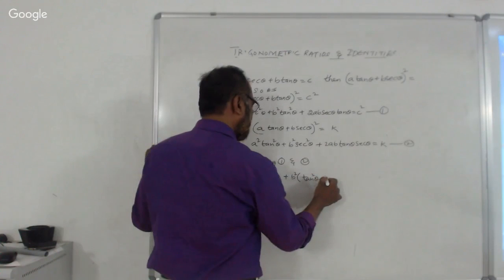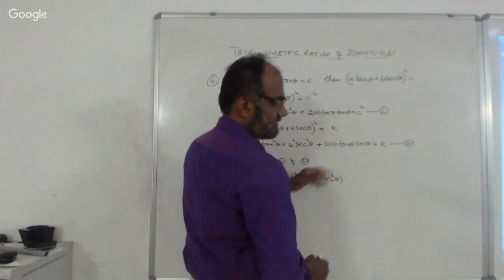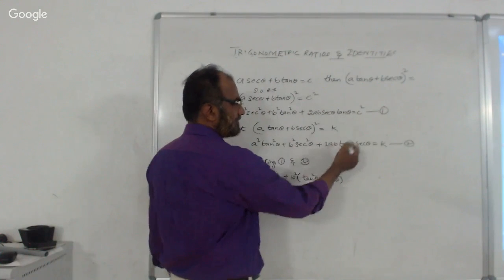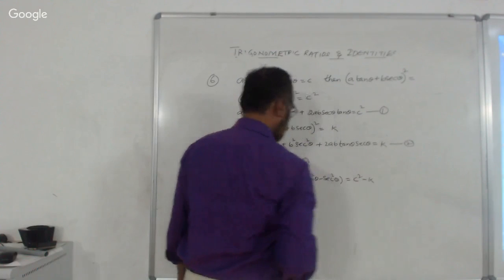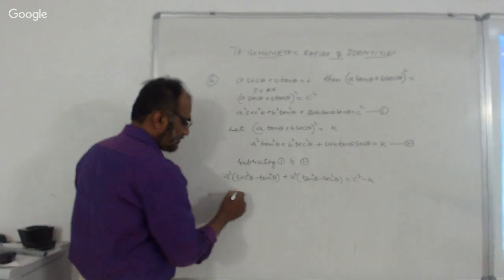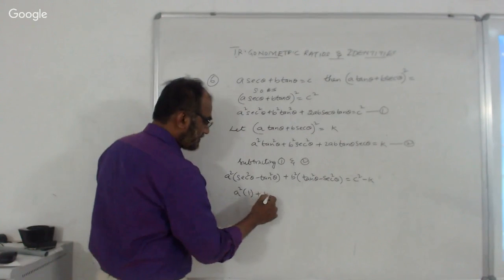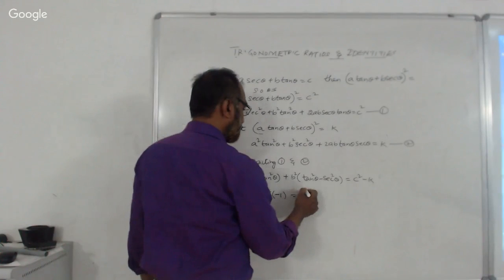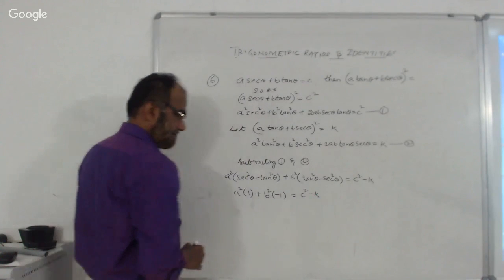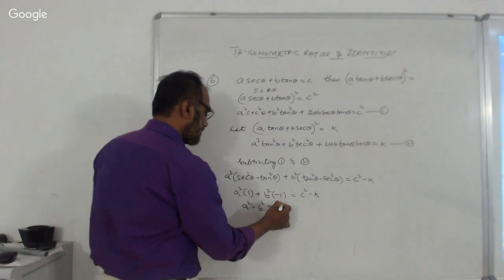And the two other terms get cancelled when you subtract, and you remain with C square minus K. Now, secant square minus tan square is 1, and tan square minus secant square is minus 1. So A square minus B square is equal to C square minus K.